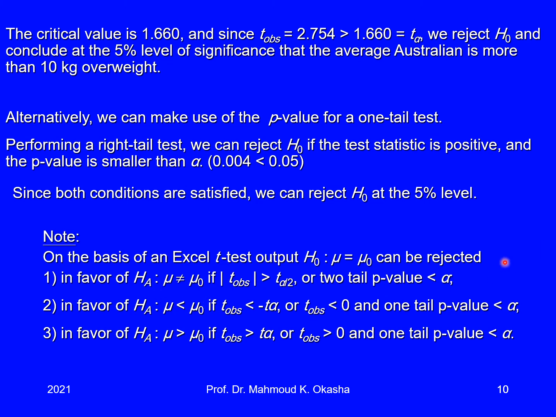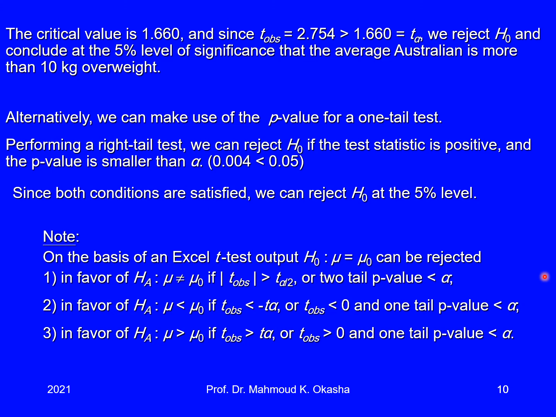First, in favor of the alternative hypothesis that mu does not equal mu naught, that is the two-sided test, if the absolute value of the observed t is greater than t half alpha, or the two-tail p-value is less than alpha.